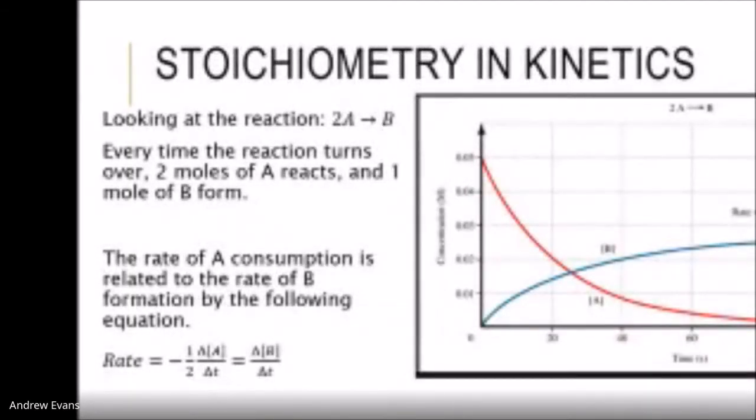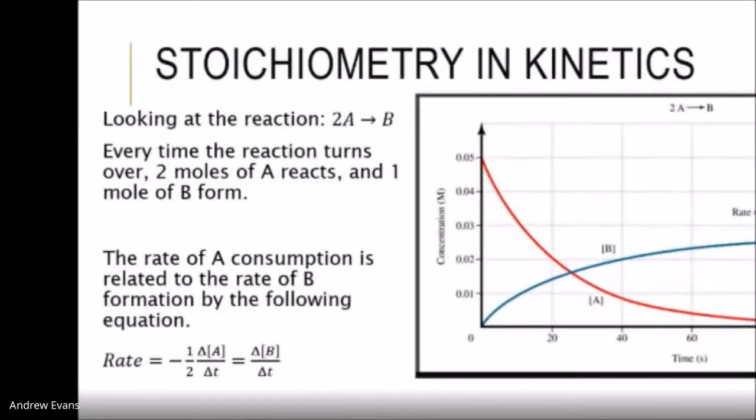Now, one of the things to note about stoichiometry in kinetics, looking at a general reaction of 2A goes to B. So 2A molecules go to B, like a hydrogen atom and a hydrogen atom fuse together to form a hydrogen element. Every time the reaction turns over, 2 atoms of A react and form 1 atom of B, or 2 moles of A goes to 1 mole of B. We can look at the concentration of both in relationship.